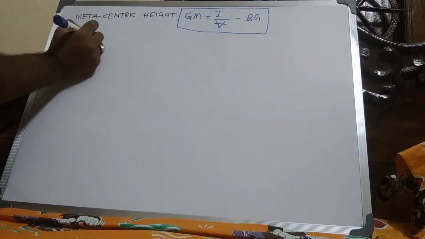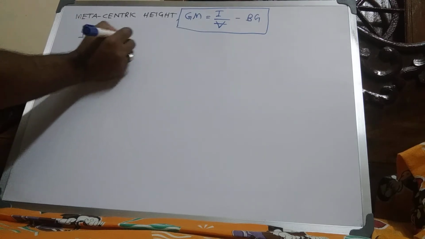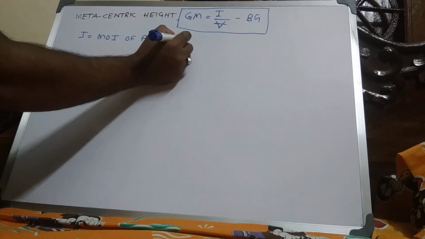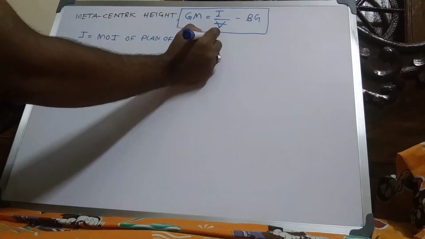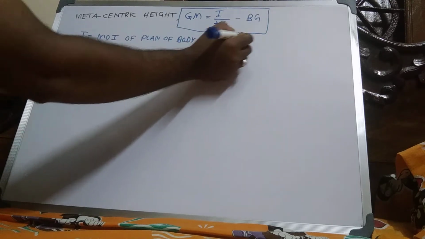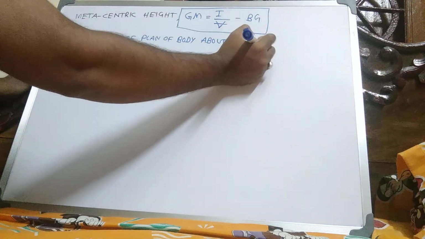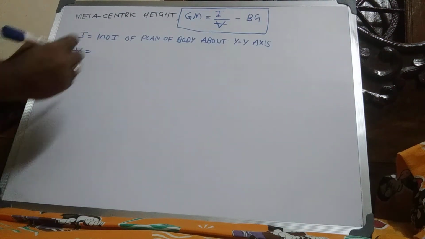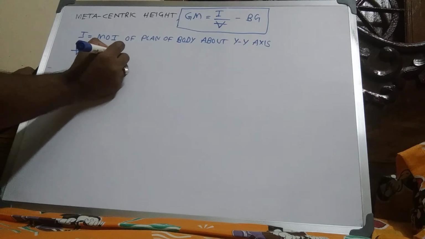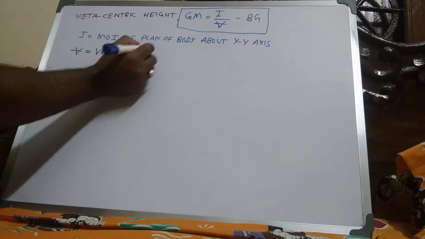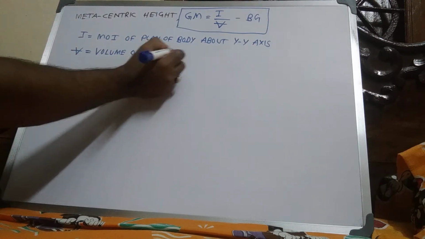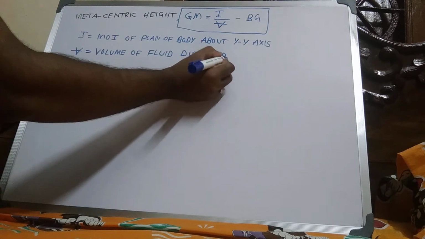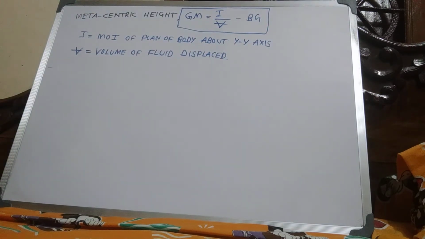I is the moment of inertia of the plane of the body about the y-axis, and this is the volume of fluid displaced. Understand?